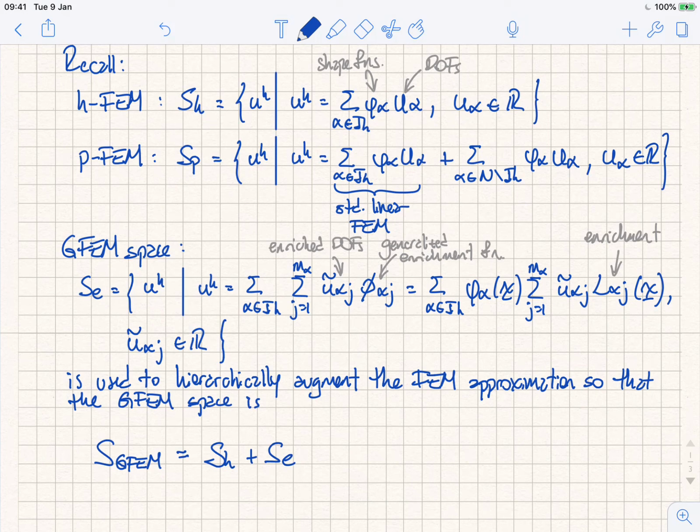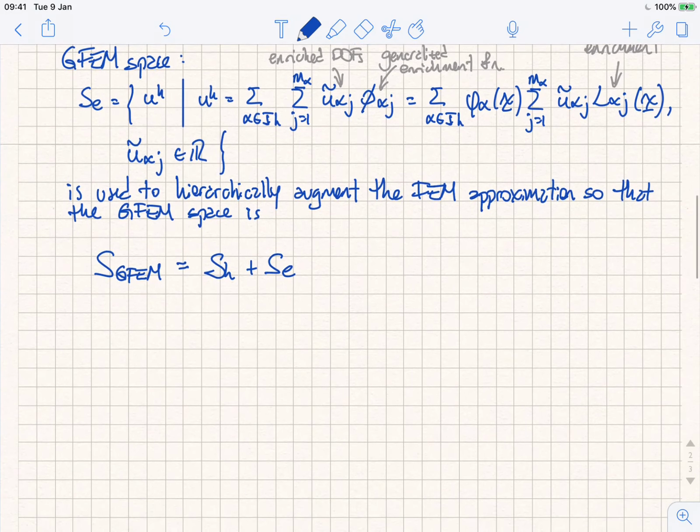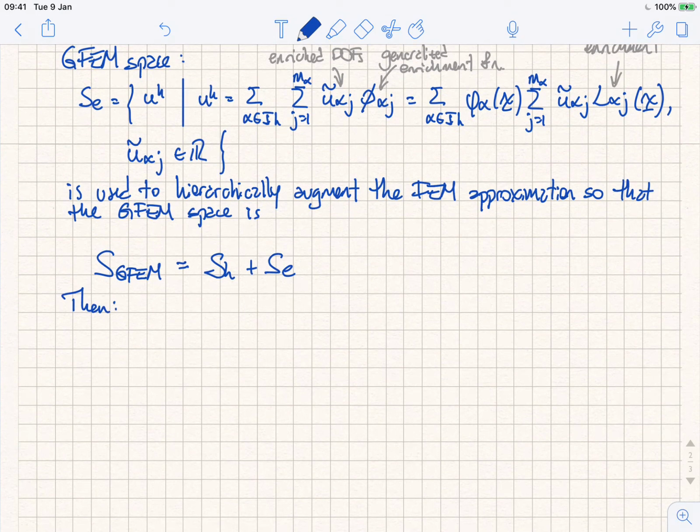Okay, so now we have our space. So let's write how the function looks if we're just adding two things.